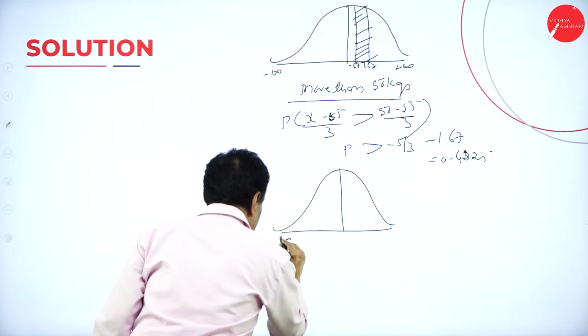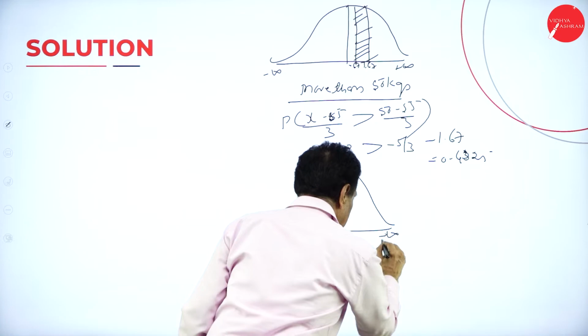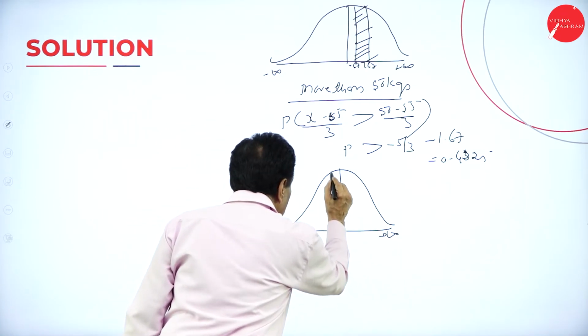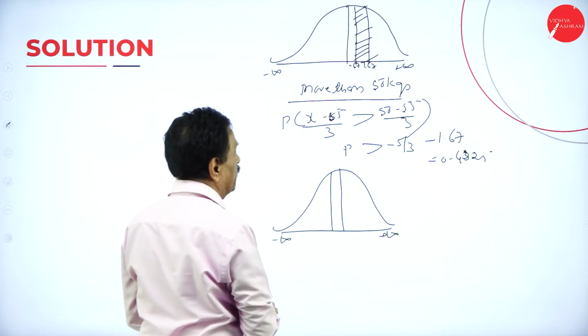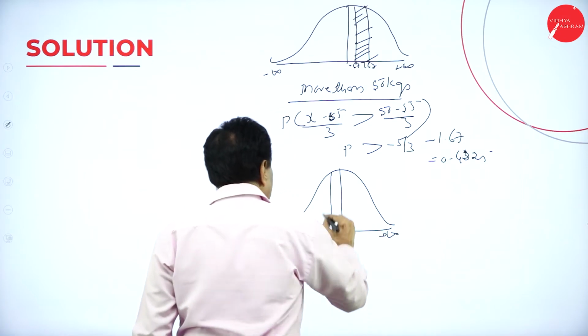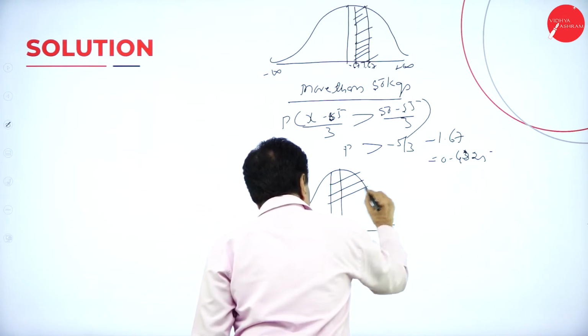This is negative, this is positive. So it is a minus 1.67, a negative value.